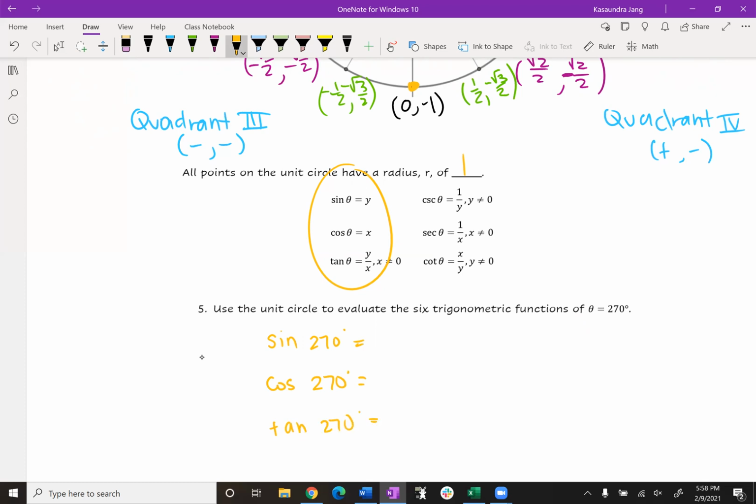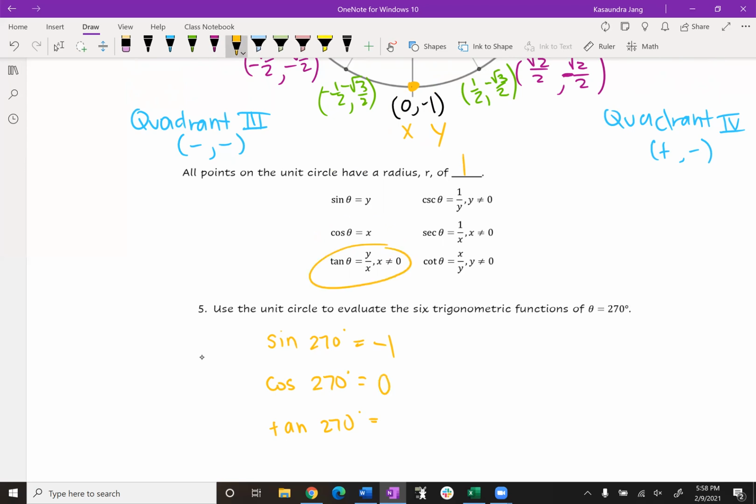The sine is the y value. We already figured out this is the point 0, -1, and the y value there is -1. Cosine of 270 is the x value at 270, and my x value at 270 was 0. So cosine of 270 is 0.